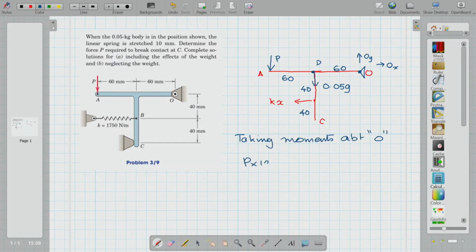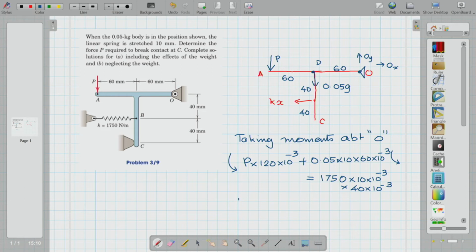P into 120 into 10 to the power minus 3 plus 0.05 into 10 into 60 into 10 to the power minus 3, both in the counterclockwise sense, should be equal to the spring constant given as 1750 into the stretch, which is 10 into 10 to the power minus 3, the spring force, and its moment arm is 40 into 10 to the power minus 3.